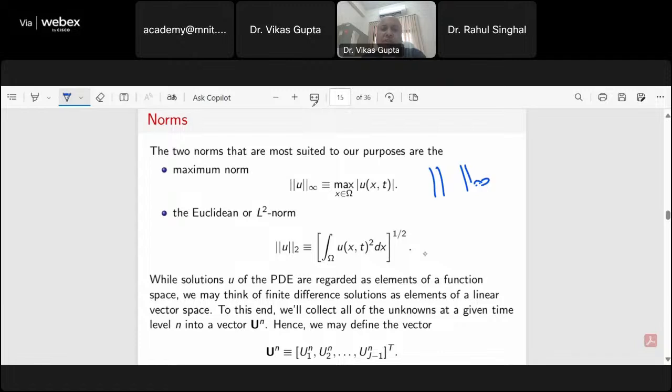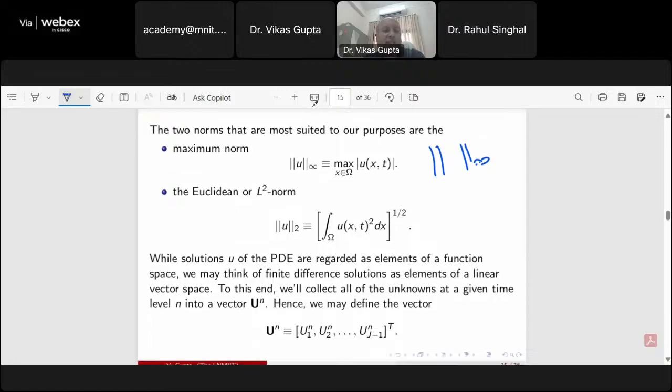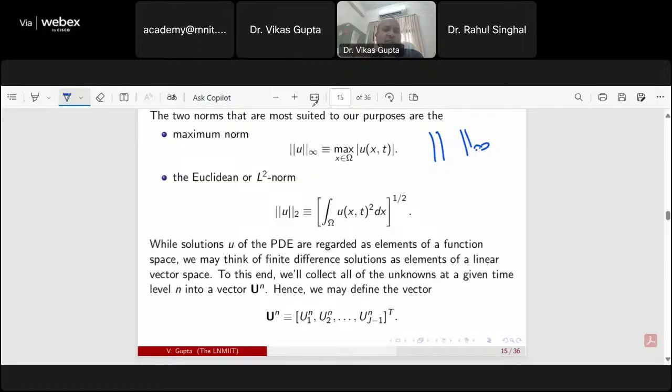So we are estimating these norms at each time level. While the solution u of the PDE, as I discussed, is considered as an element of a function space, we may think of the finite difference solution as an element of a linear vector space.